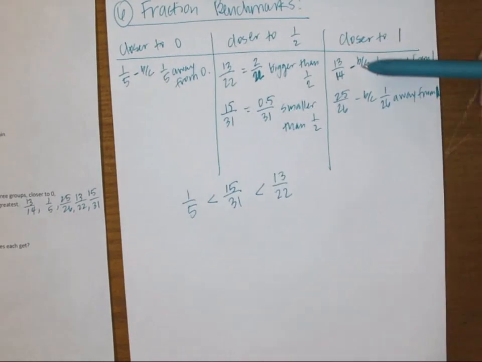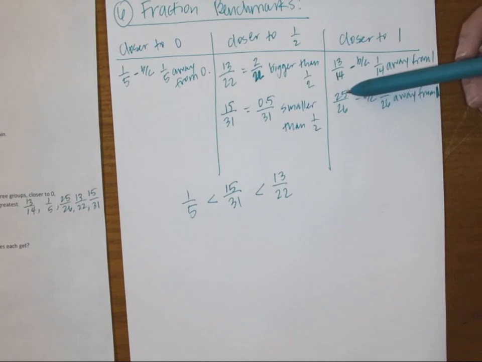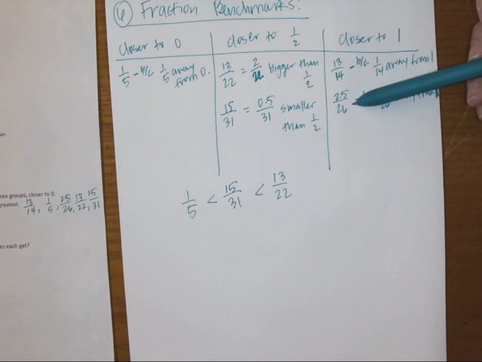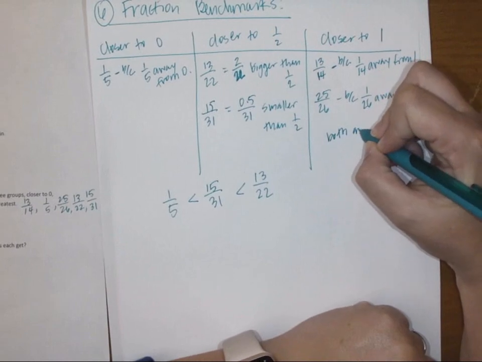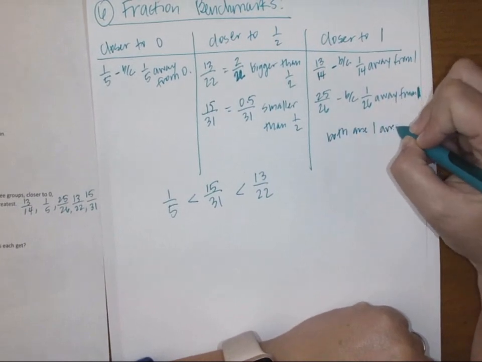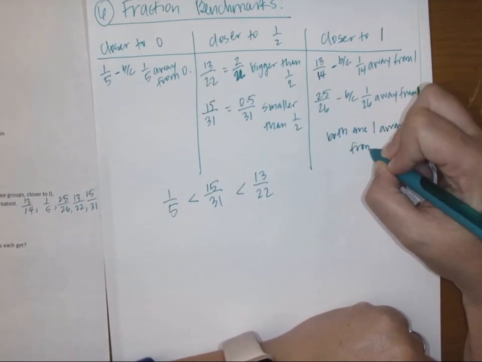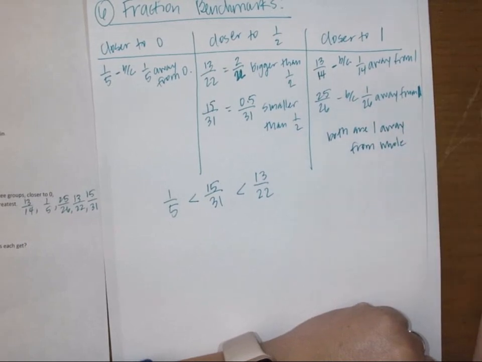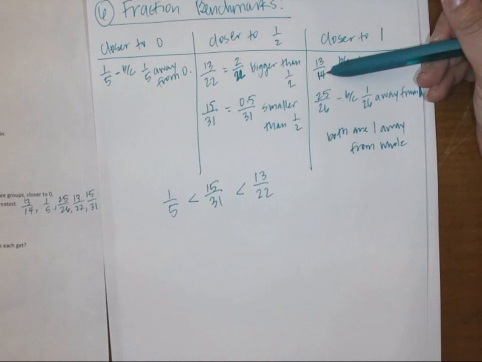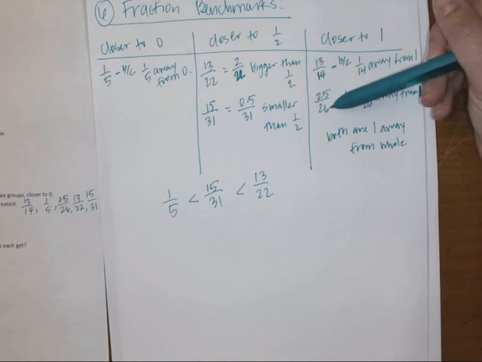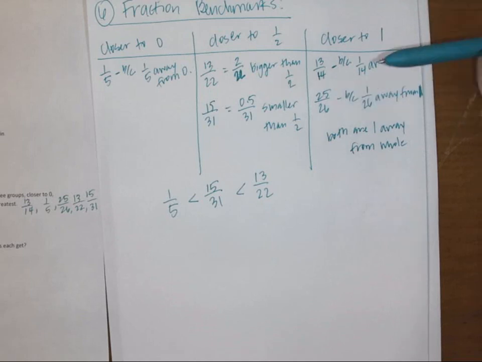Okay, so now these last two, I feel like this is the hardest part of this problem. I'm comparing 13/14 to 25 over 26. Both of these are 1 away from the whole, right? The difference is if I split my whole into 14 pieces, those pieces are bigger than if I split my whole into 26 pieces, right?